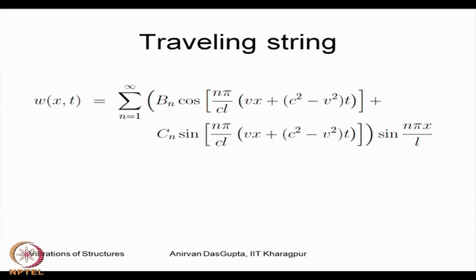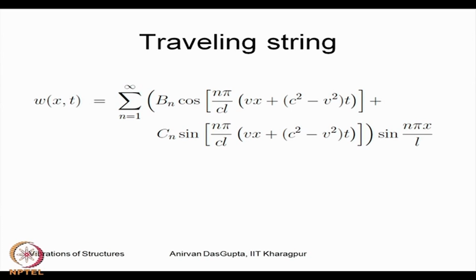So, here you can see that the space and the time parts are not separable as we have seen in the modal solution. Even if you take one of the modes, say for example n equal to 1, you will see that the solution is not separable, which is not the case for, say, the static string.